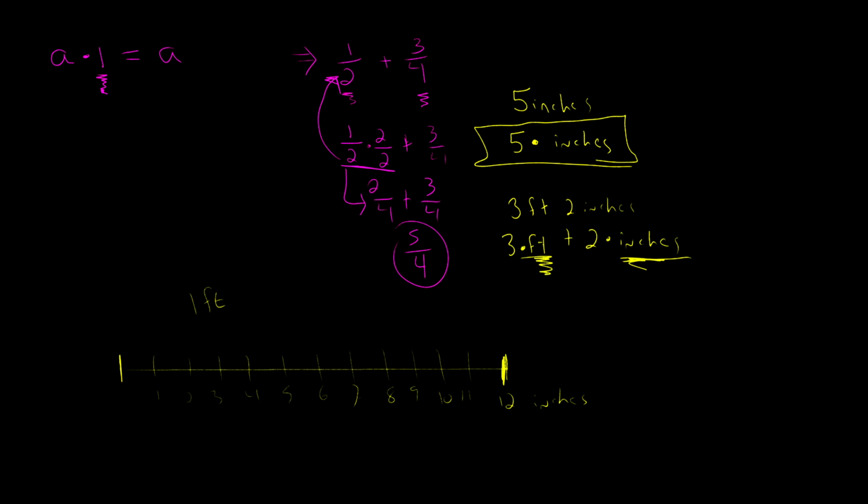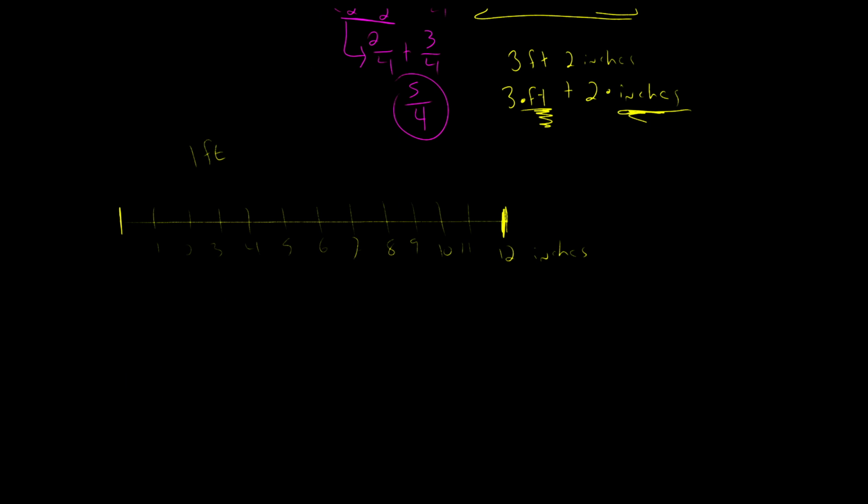Now something in reality is held in a measuring device, in a ruler. And what this helps us with is what we mathematically need to do to change from one unit to another. So, for example, notice in a ruler here, I had 1 foot is equal to 12 inches. This is a truth.